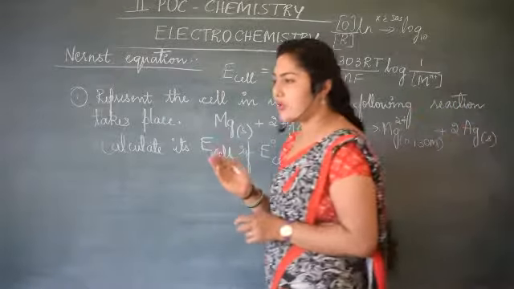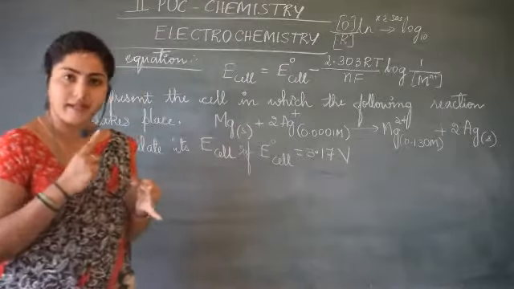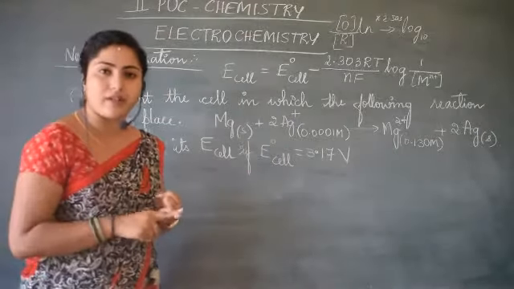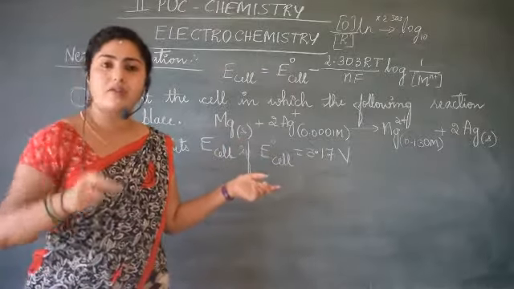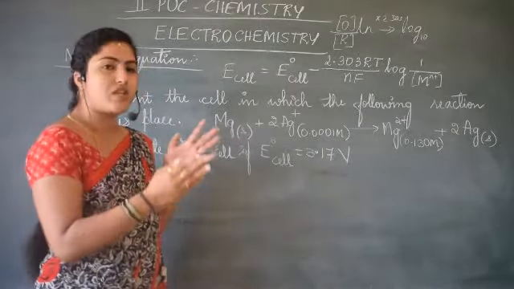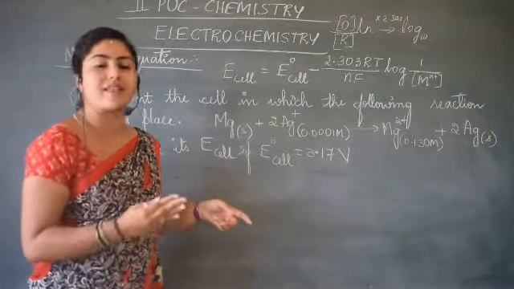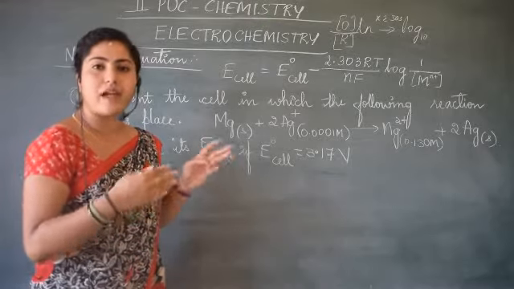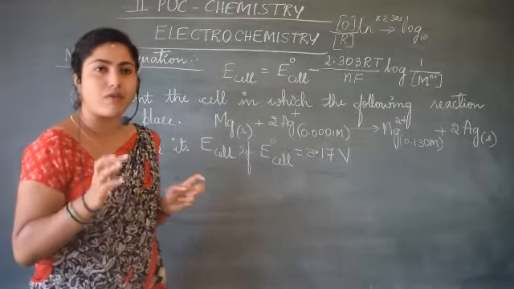When we represent a cell, we consider the metal and its electrolytic solution, and for such cells we also have a salt bridge, so a double bar. To differentiate between the metal electrode and the solution, we use a single bar. Along with this we mention the concentrations when we write the cell.